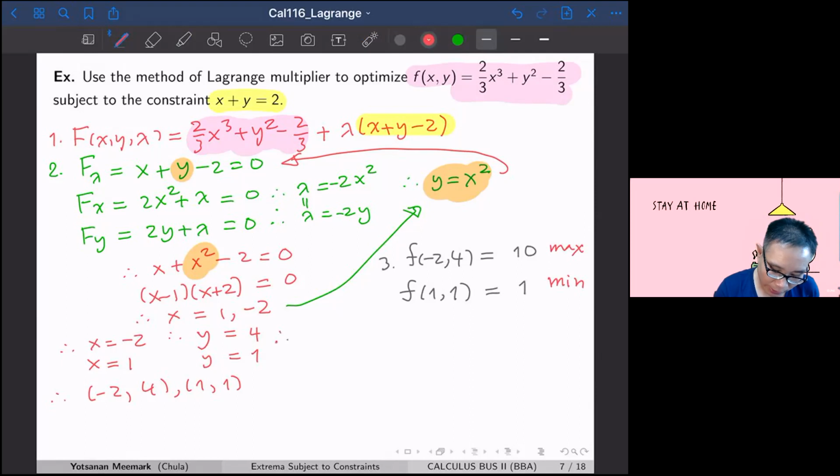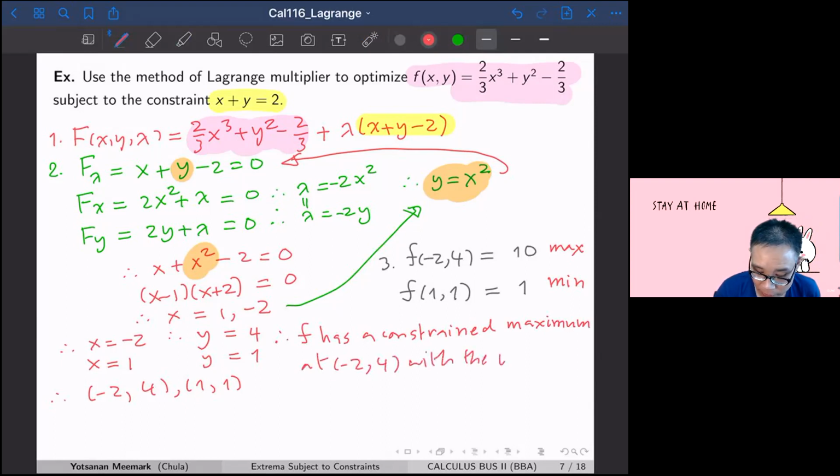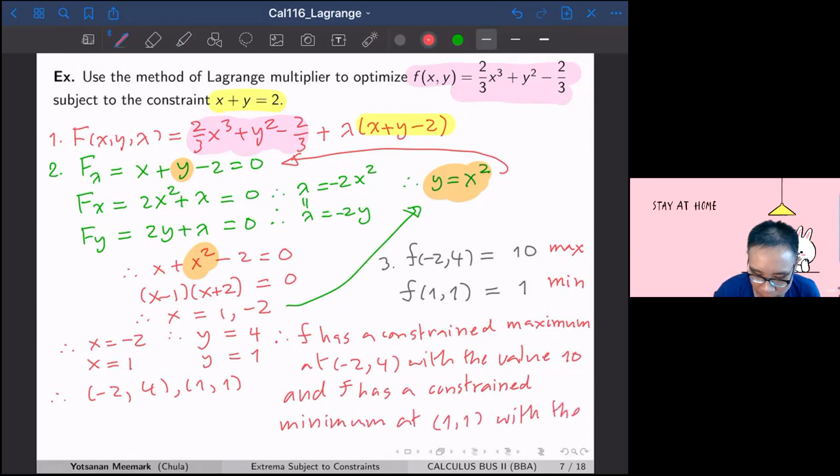Okay, so you're gonna answer f has a constraint maximum at negative 2, 4 with the value 10, and f has a constraint minimum value at 1, 1 with the value 1.